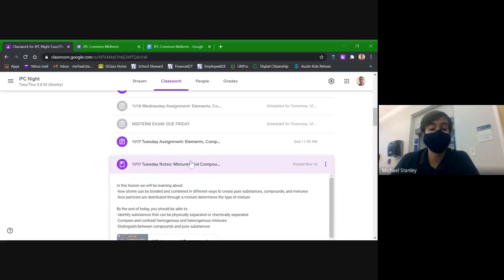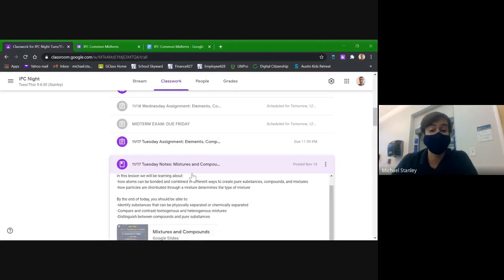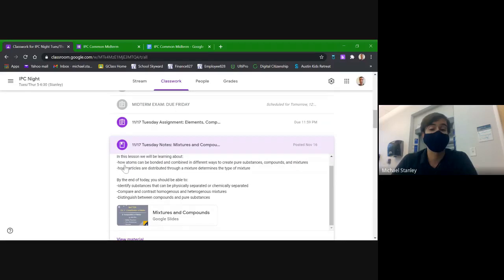So the final section of the midterm has to do with the stuff that we are going to be talking about in class today, which is about mixtures and compounds and how we can take those atoms that we've been talking about previously. So up to now, we've been looking at the nitty-gritty of the atoms, right?